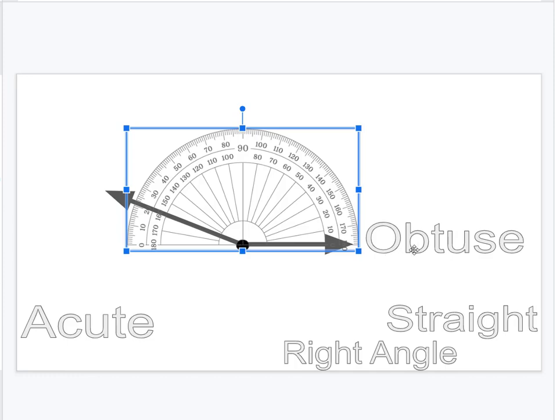And since we're doing an obtuse angle, we need to look at what? The outer scale or the inner scale? We're going to be looking at the inner scale because it's obtuse. These are greater measurements. And it's between 150 and 160. So it's growing, it's getting bigger. So I can't say, it's probably closer to maybe 158, 157. So I would put down 157 degrees.